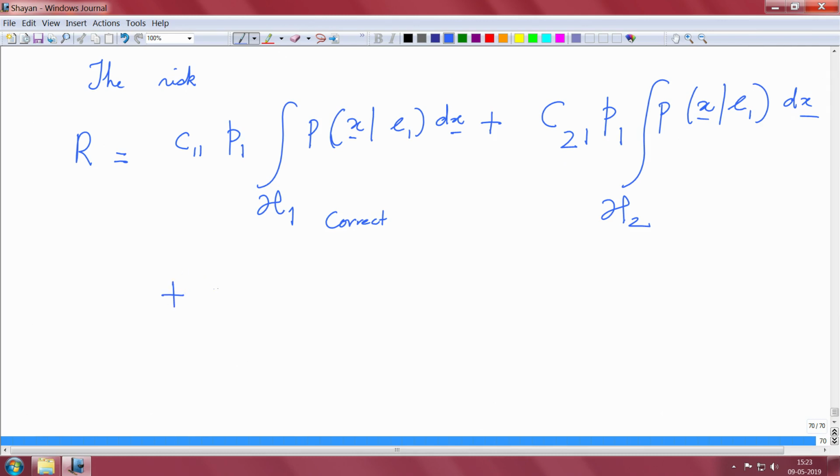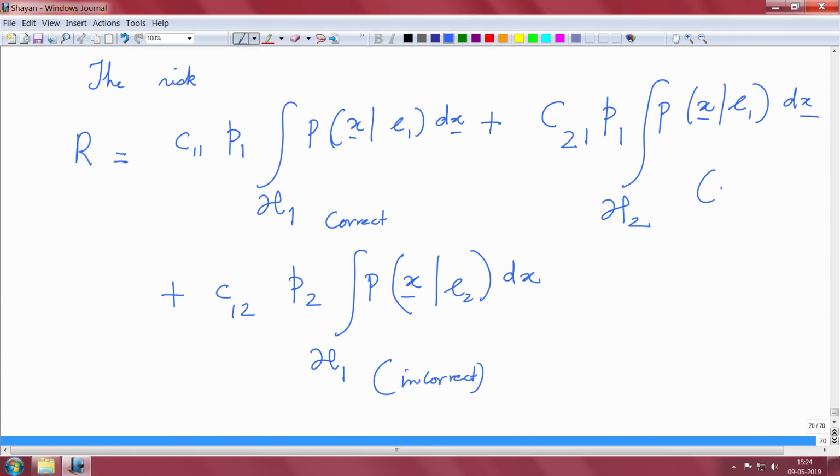Similarly, I land up with C12 times P2 integral over H1 the conditional density, I integrate over the conditional probability density p of x given C2 dx, and this is incorrect.